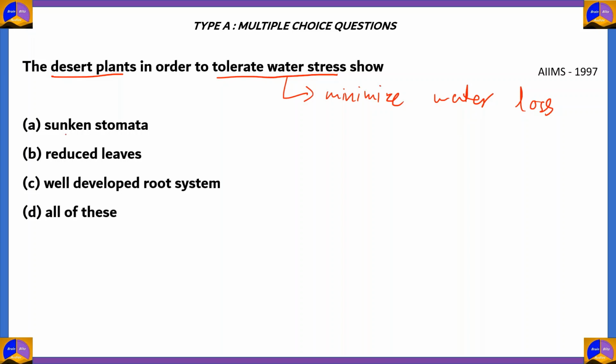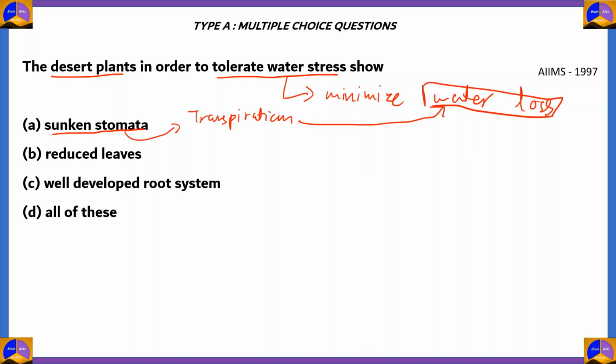Option A, sunken stomata. Now this is found in desert plants because stomata undergo transpiration, which loses water. So in order to tackle water loss, the stomata is inside a deep pit in the plant to protect it from transpiration. So option A is correct. Let's look at option B, reduced leaves.